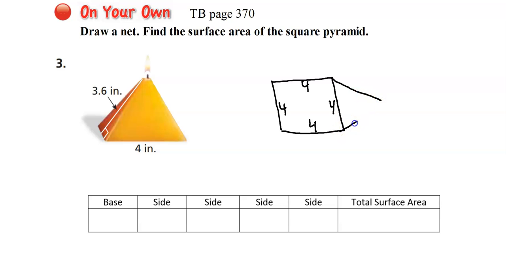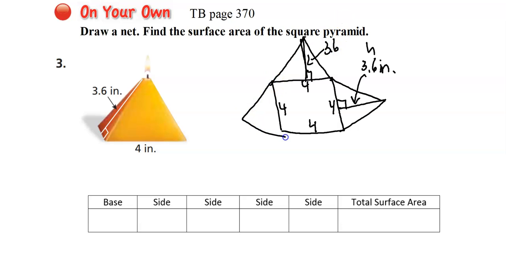So when I draw my picture, it looks like this. So I'm going to label that 3.6 inches, and that is the height. I forgot the perpendicular symbol over here. This is 3.6. And then, of course, I've got 2 more triangle lateral faces to draw.